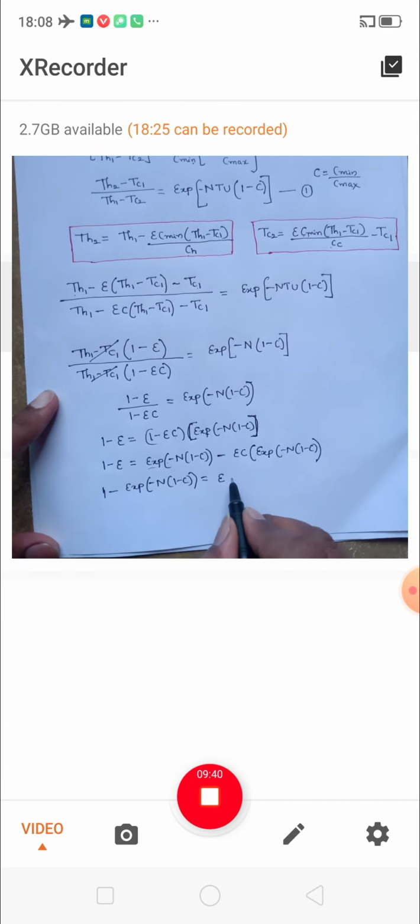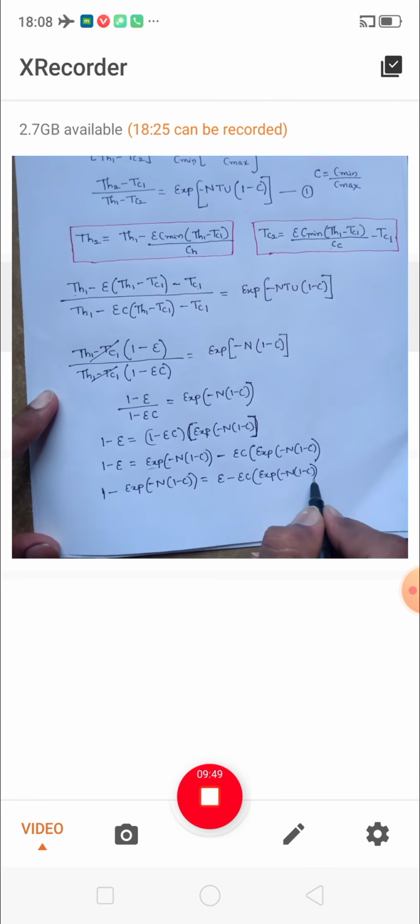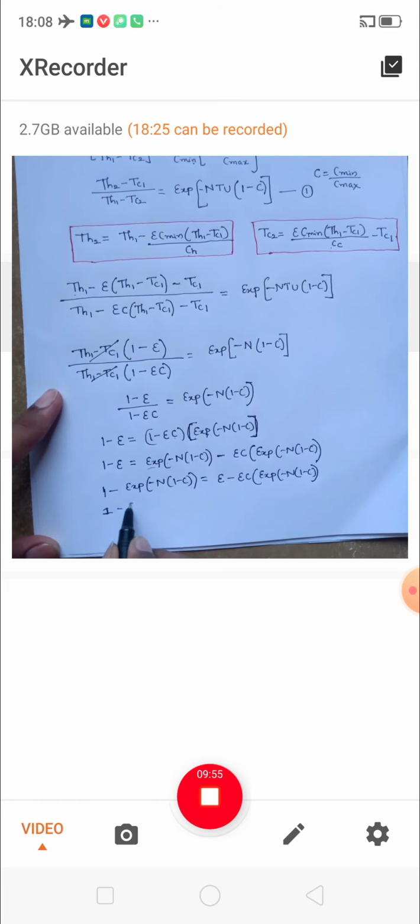So epsilon minus epsilon into C exponential of minus N in the bracket (1 minus C). So I will write the same term, 1 minus exponential of minus N (1 minus C). The equation as it is I have written.